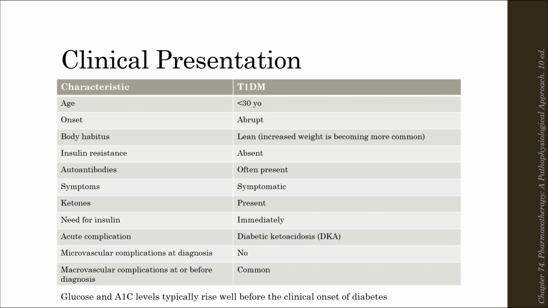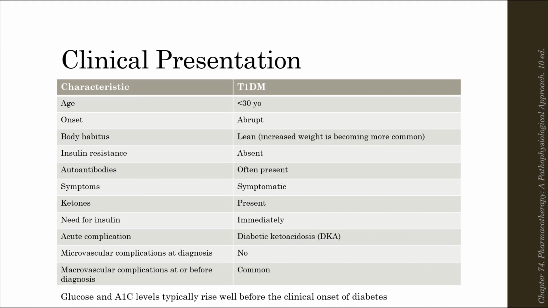Autoantibodies often present. As I mentioned in the previous slide, a lot of times we'll test these patients for those antibodies against the islet cells, for instance. Patients are typically symptomatic. We'll talk about those symptoms in a second. Ketones are usually present, and we'll go into a deeper discussion on diabetic ketoacidosis and how that occurs and how to check for ketones. Need for insulin: immediately.